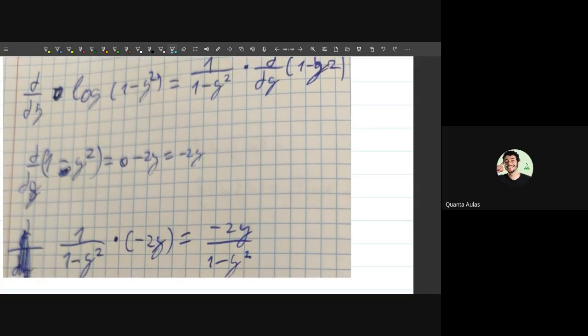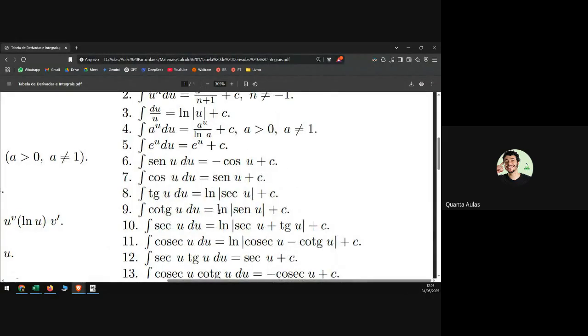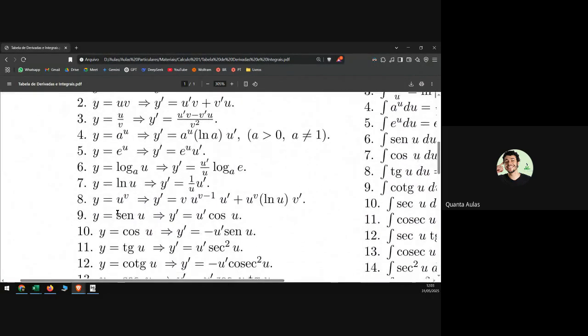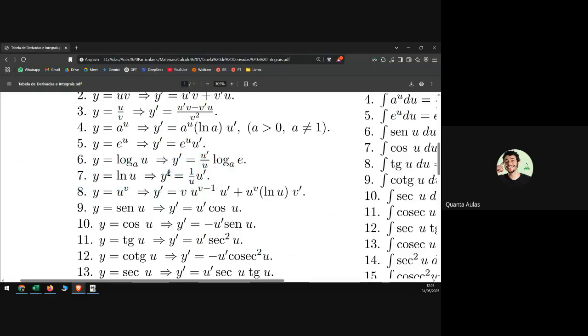Because if you pay attention in the table of derivatives, I will send to you now, just a second. If you open the table, this file I sent to you, we have, for example, these two derivatives, okay? This derivative is the natural logarithm, right?